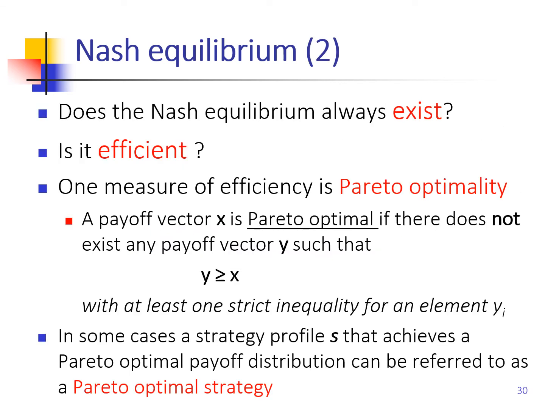Some important questions we always need to ask: first, does the Nash equilibrium always exist? The other question is, is it efficient? In order to characterize that, there are many measures of efficiency.